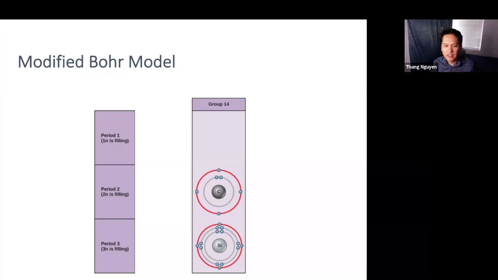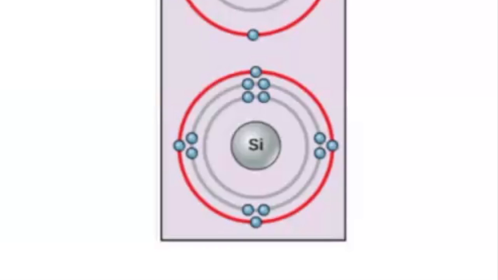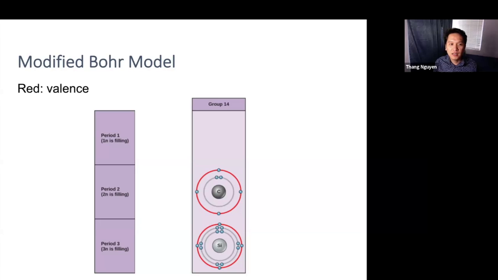So therefore 14 electrons. The first two electrons live in the first level, so that's 2. The next level can fit only 8, so 2 plus 8 is 10, giving us 4 more electrons, right? So that's 1, 2, 3, 4 more electrons on the outermost level, right?